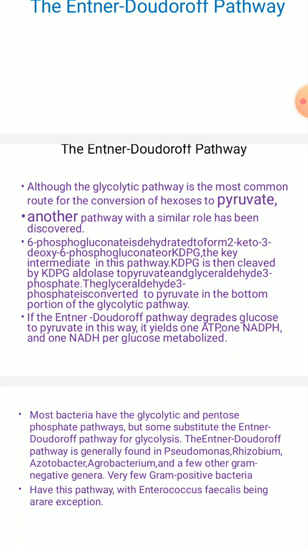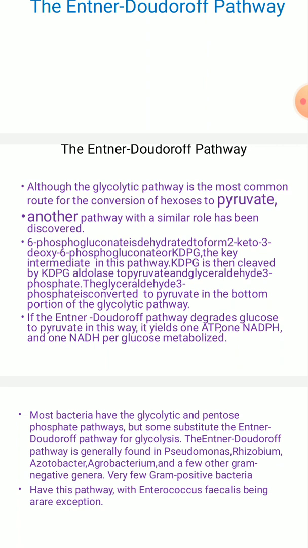First of all, this pathway can be observed in most bacteria that have the glycolytic pathway as well as the pentose phosphate pathway, but with some substitution in place of glycolysis.